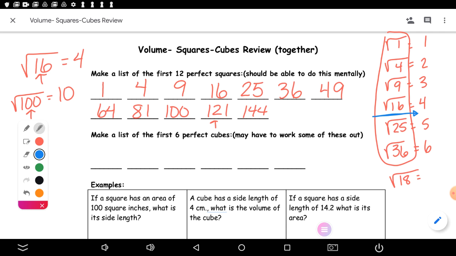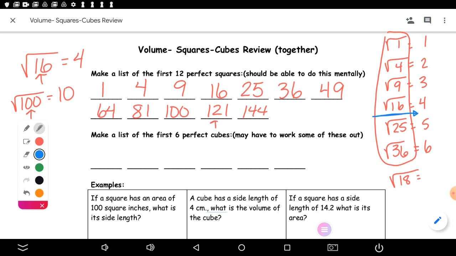So it would be a decimal that starts with 4 point, and then it'd be a long, ugly decimal that goes on forever without a pattern. So it'd be greater than 4, but less than 5. Okay? So every number has a square root. They're just not all pretty square roots. So the ones that have whole number square roots, we call them perfect squares.